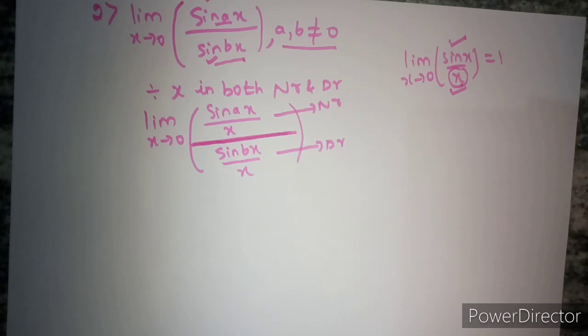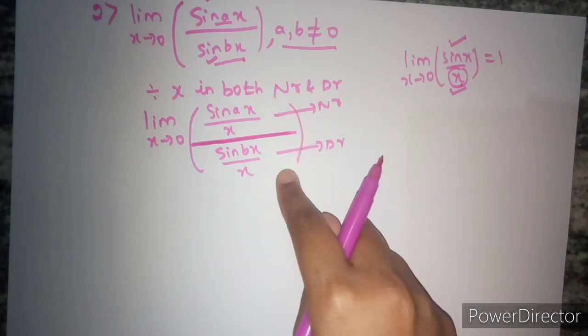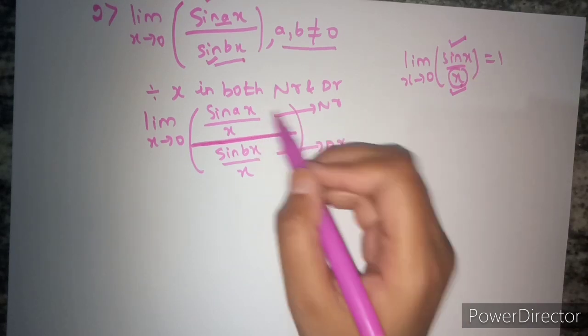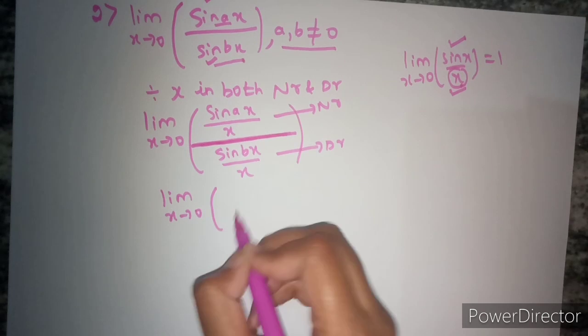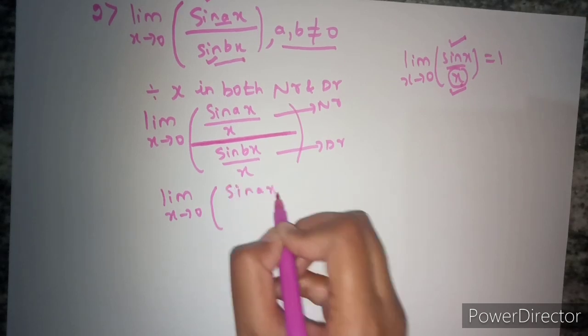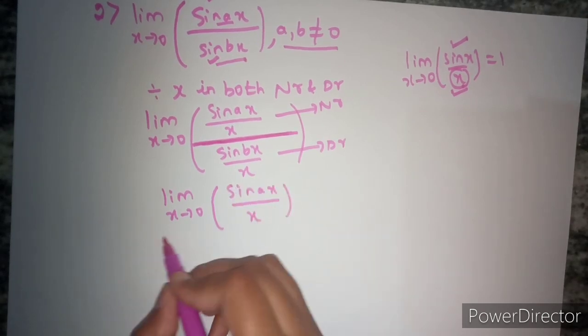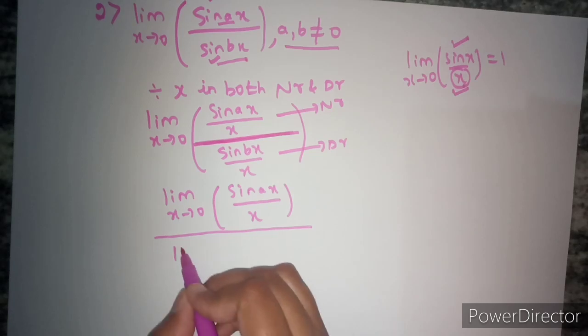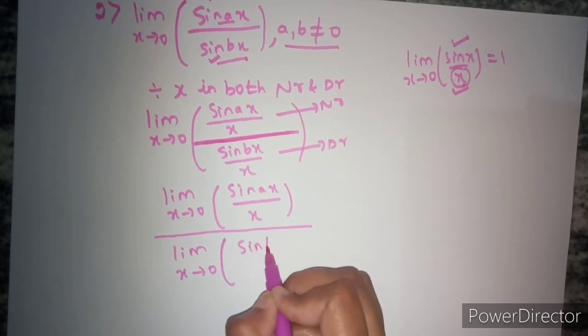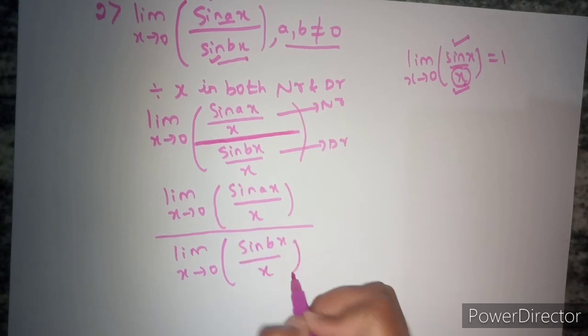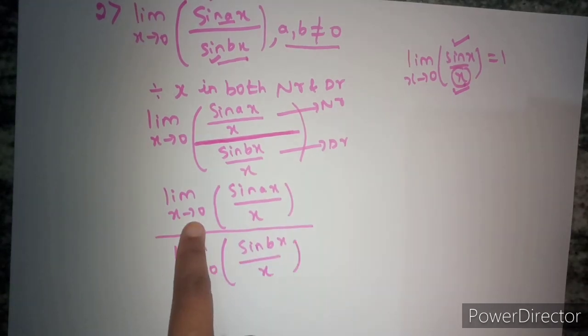So now apply the limit separately to the numerator as well as the denominator. Okay. So limit x tends to 0, sin ax by x, whole divided by limit x tends to 0, sin bx by x. Okay. So the first condition is x is tending to 0.